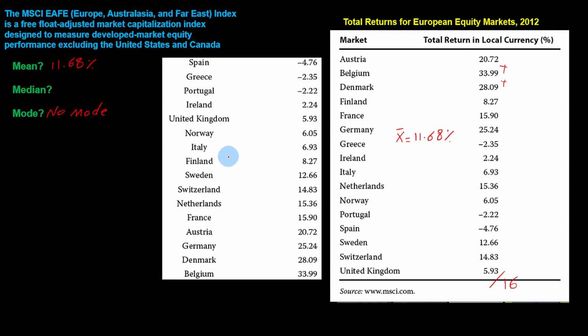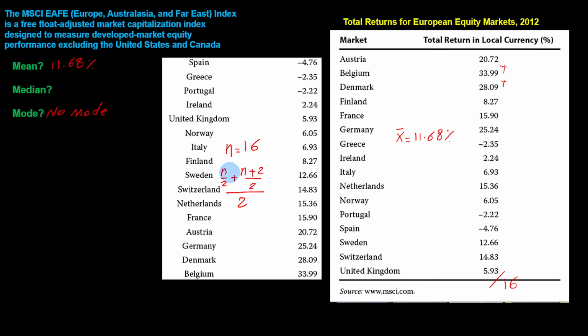Now, our n here, the total number of observations, is 16. So we are dealing with an even numbered sample, right? And what do we have to do when we are dealing with an even numbered sample? We have to find the average of the two middle observations, right? So that will be the n divided by 2 position plus the (n divided by 2) plus 1 position, and we find those positions, then everything over 2, we find the average of those, right?